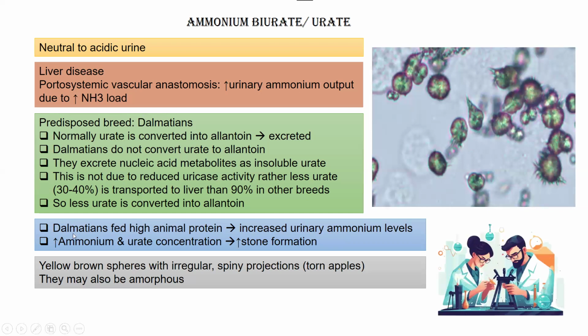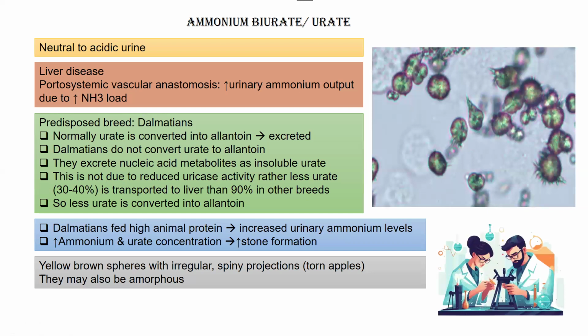So, as Dalmatians are fed high animal protein, there will be increased urinary ammonium levels, and as ammonia and urate concentration increases in urine, stone formation increases. So, simple thing: you are feeding your Dalmatians high protein feed, and ammonia will increase, and already the urate concentration is high in those Dalmatians.